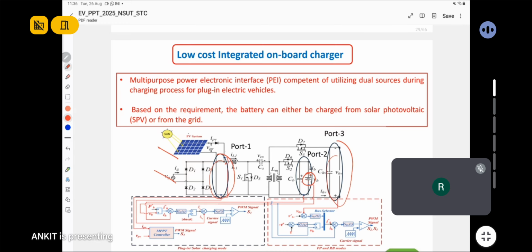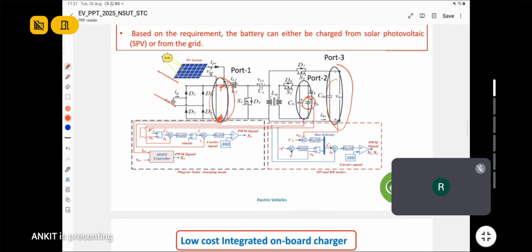In this mode of operation, solar PV and grid do not operate simultaneously, because they are connected at the same point and their rectified voltages are not the same, so they cannot operate simultaneously.